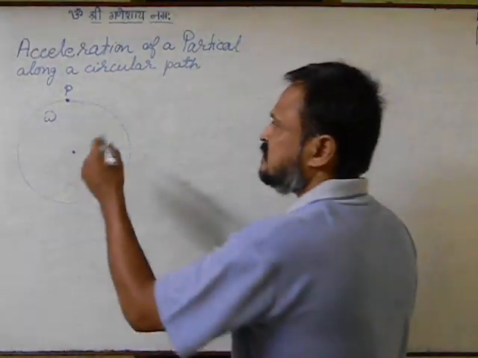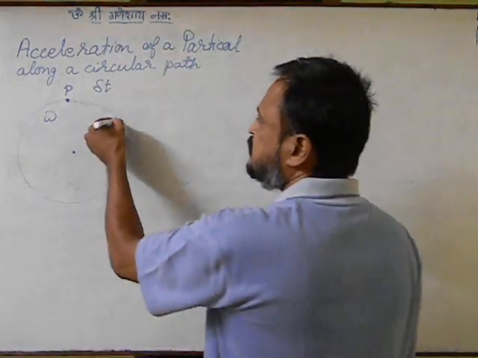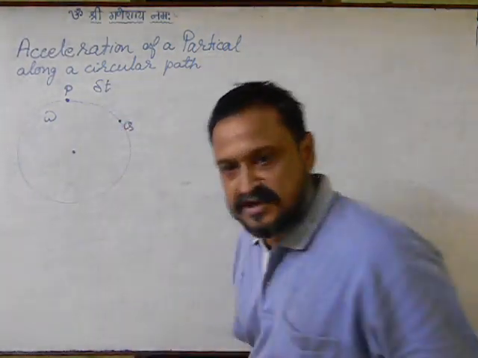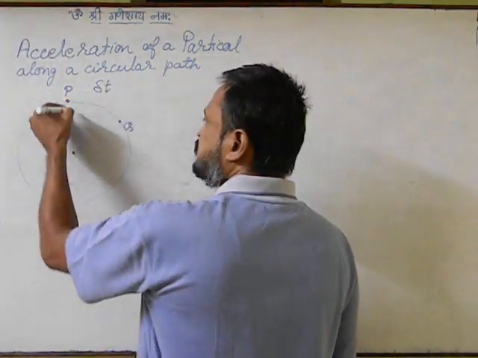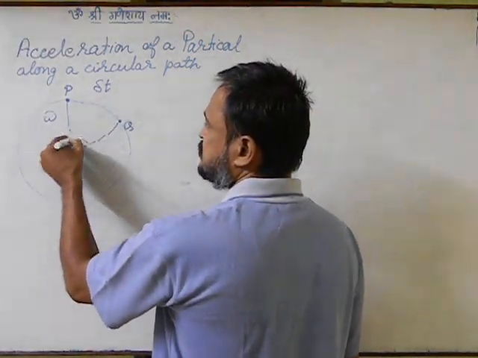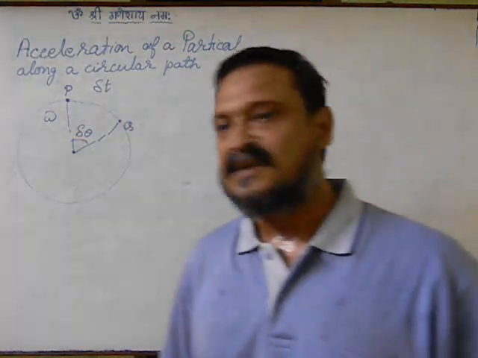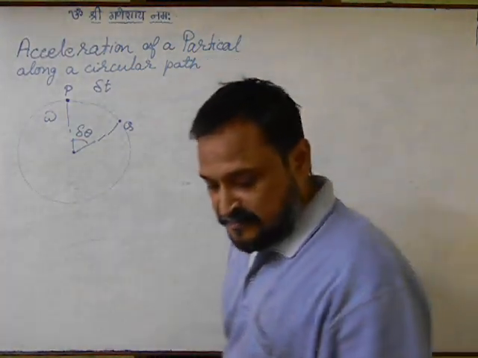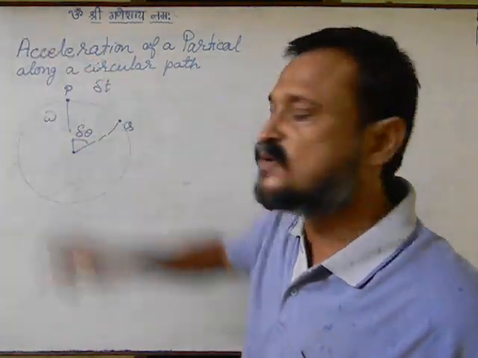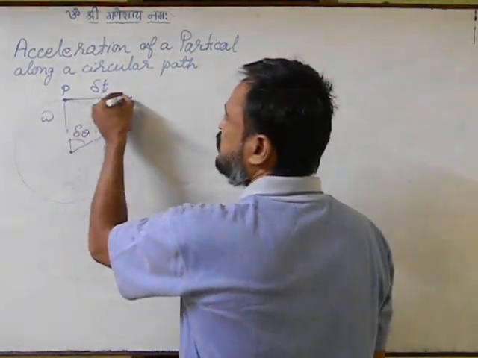After, let us say, an infinitesimally small time interval, maybe it reaches another location which is Q, and in this infinitesimally small time interval, the displacement is an infinitesimally small del theta. Now the instantaneous velocity of this particle at the location P will be along the tangential path, so perpendicular to the radius.